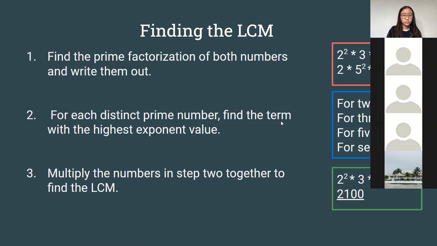I think we should practice a few more examples. Let's do 36 and 5. I want you to work that out on a piece of paper, and just write your answer in the chat. What is the least common multiple of 36 and 5?